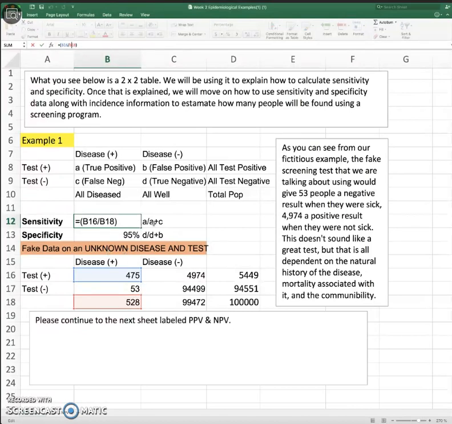And this is our sensitivity. Now, our specificity is a little bit different. It's D over B plus D, which we can see here, and it is the proportion that are true negative. And again, these are the two numbers you want to maximize: A and D.